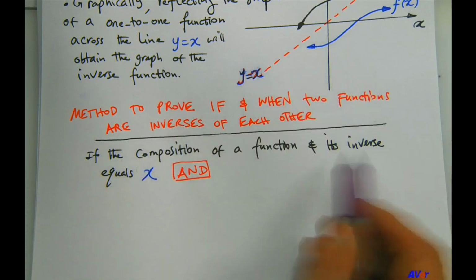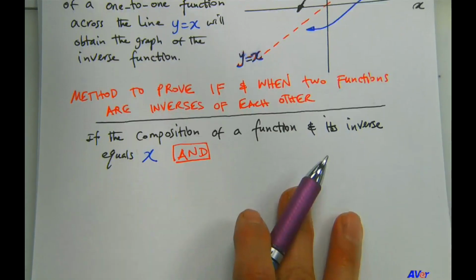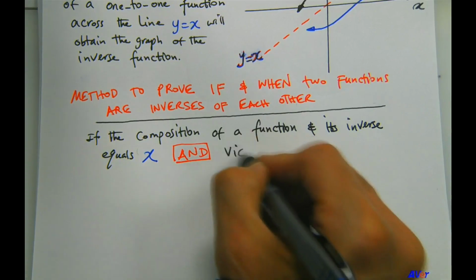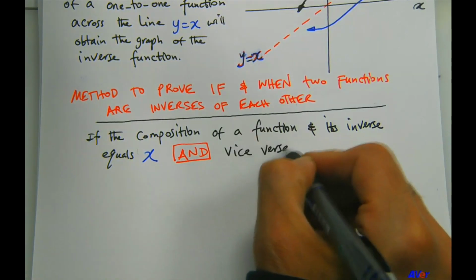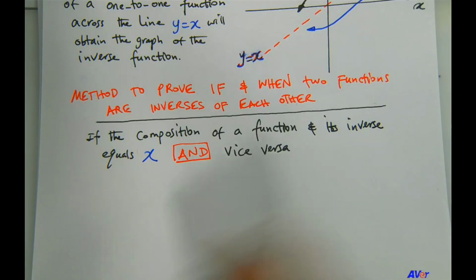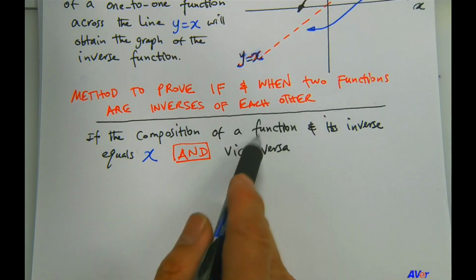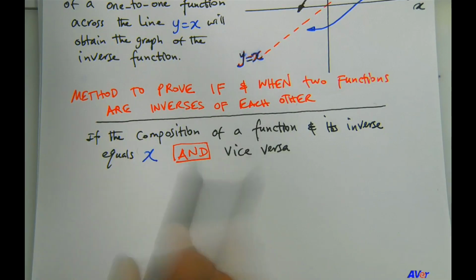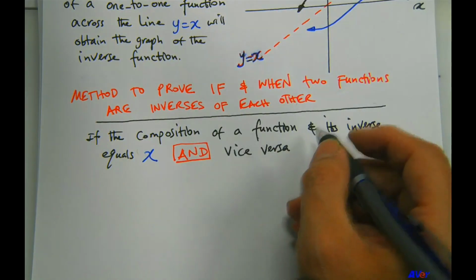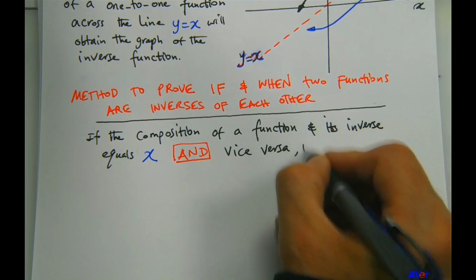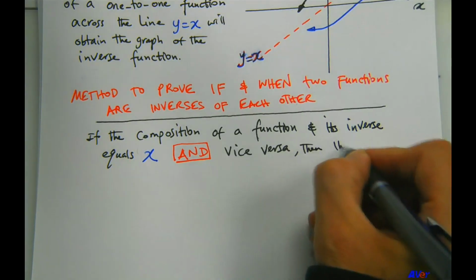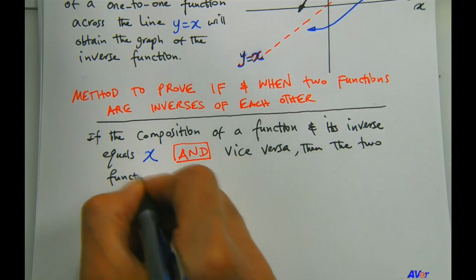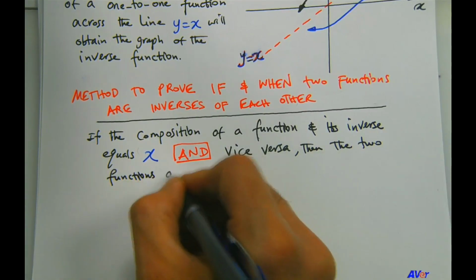If the composition of a function and its inverse equals x and vice versa, in other words, the composition of the inverse of a function and the function equals x, if this is true in both cases, then the two functions are in fact inverses of each other.